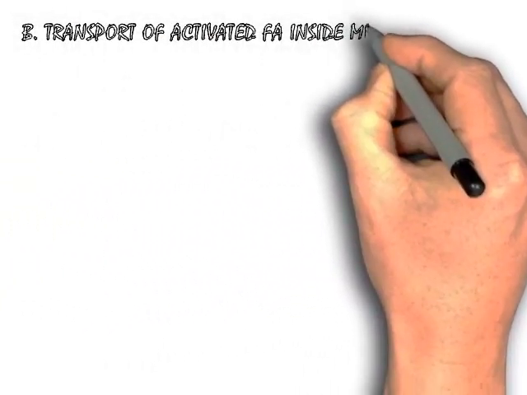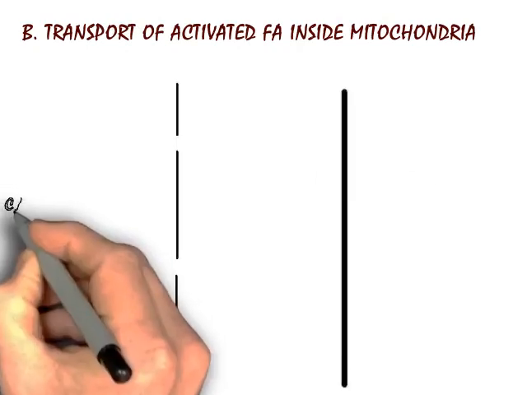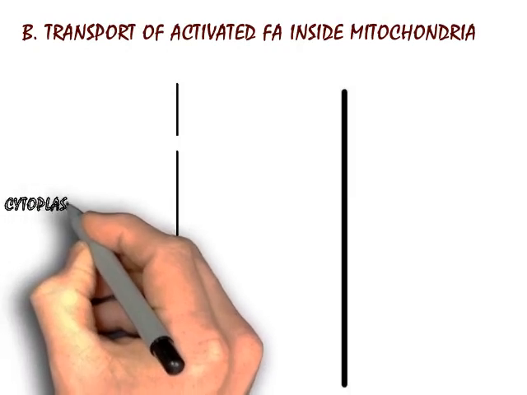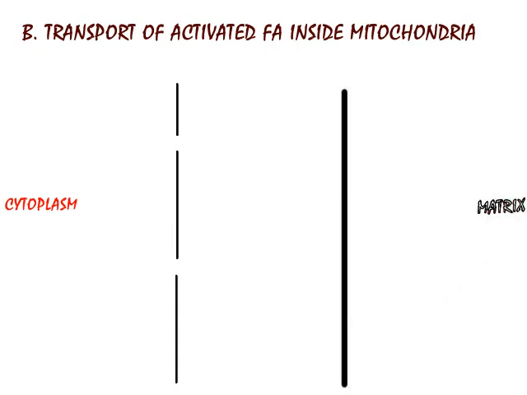Now we will talk about the transport of activated fatty acid inside mitochondria. As we all know, mitochondria has 2 membranes, and on the one side we have the cytoplasm, and on the inner side we have the matrix.